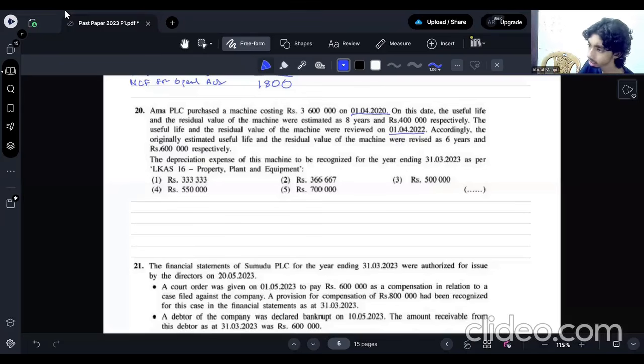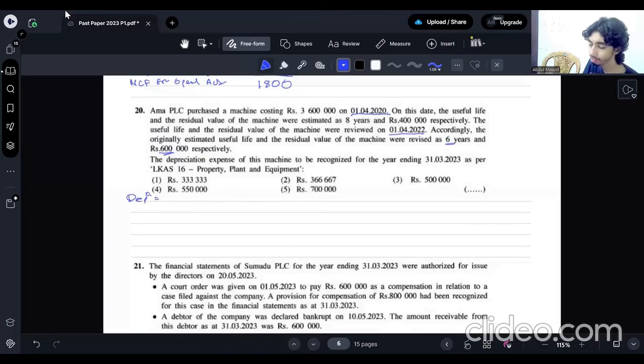Accordingly, the originally estimated useful life and residual value of the machine were revised as 6 years and 600,000 respectively. So now, if anything of the machine is changing, you have to follow this equation to find your new depreciation.